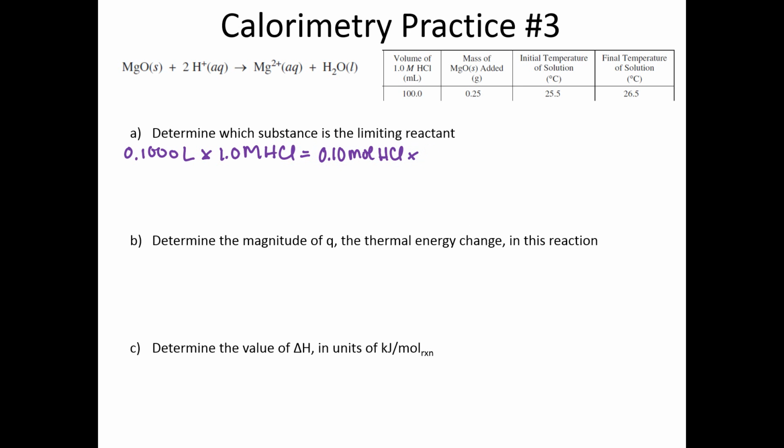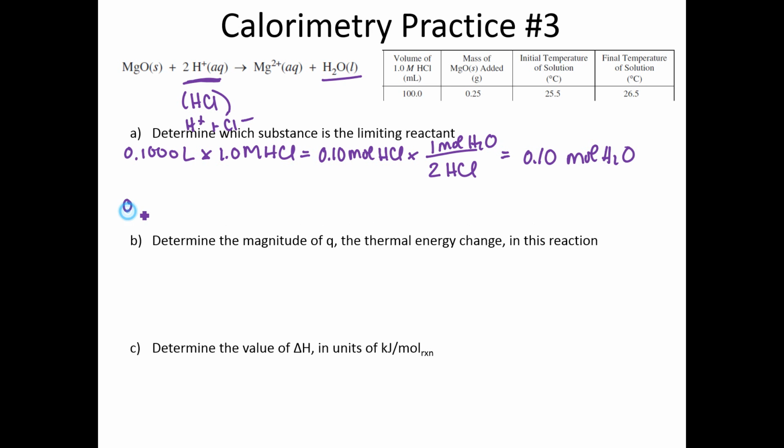When we're trying to figure out who's the limiting reactant, what I like to do is pick a product and see how much product that reactant will make, and whoever makes less product is going to be your limiting reactant. So every 2 HCl's, because that's what this H plus is, this is actually HCl, just dissociated into H plus ions and Cl minus ions, will make 1 H2O. So this is enough to make 0.1 moles H2O.